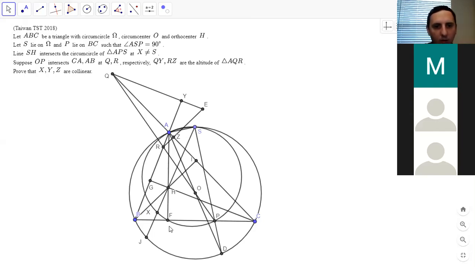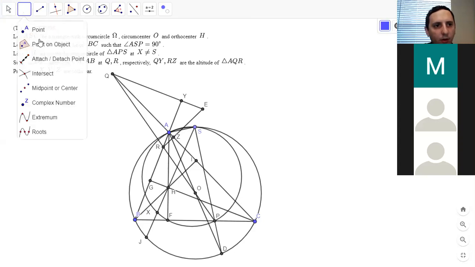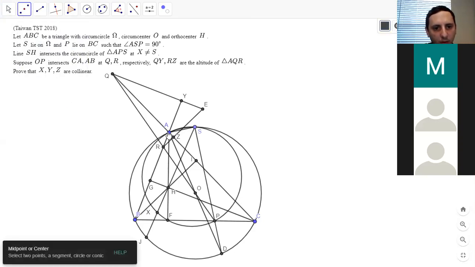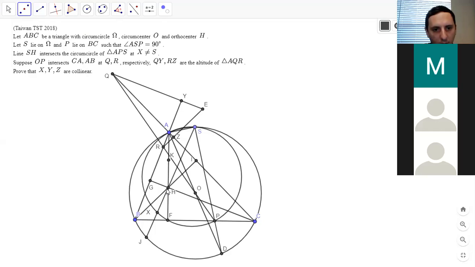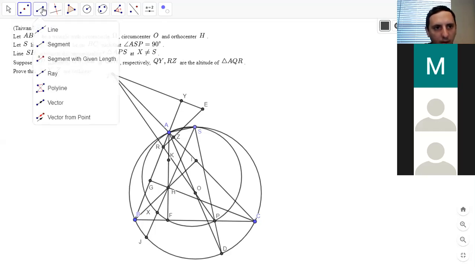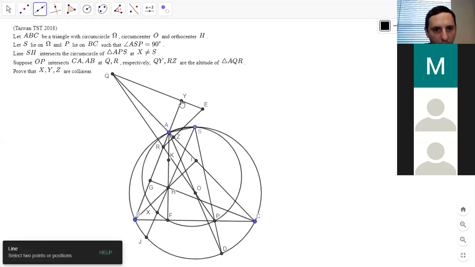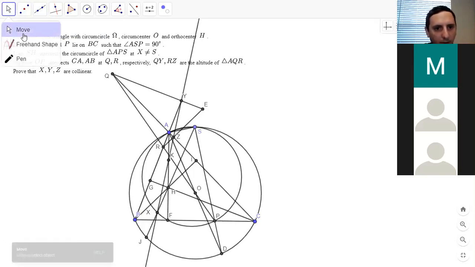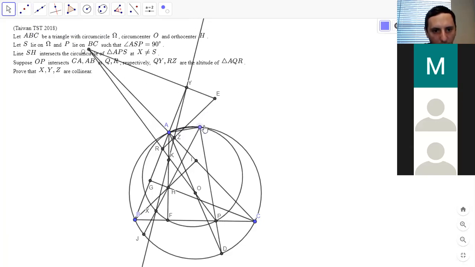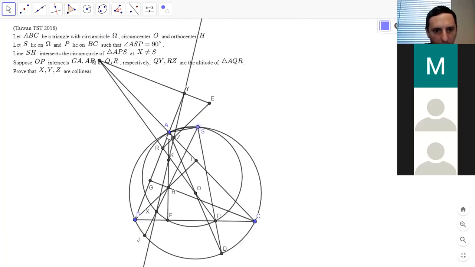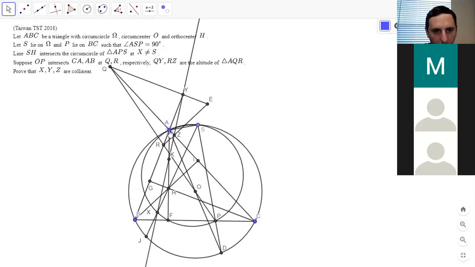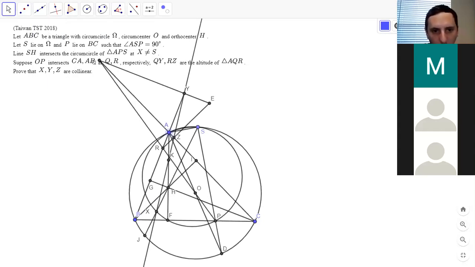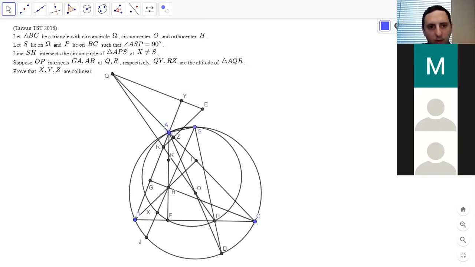Does this go through the midpoint of AH? That's a good question. Let's check. I think it does. Yes. So basically we have to show, let me just move things around to make sure, but it looks like it. So we just have to show Y and Z are collinear at that point, and then show Z and X are. Maybe.